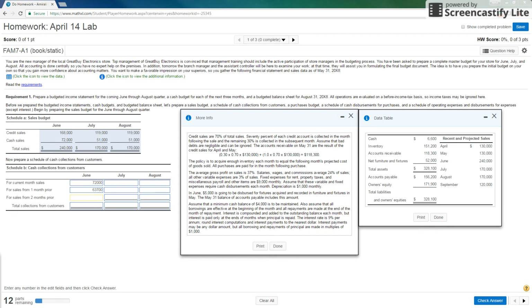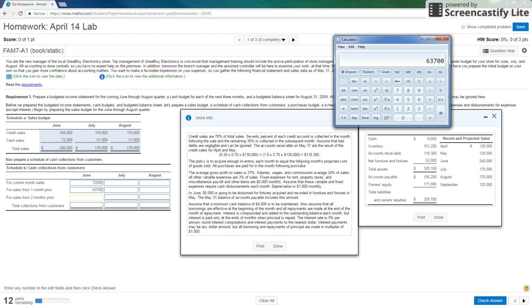Now think about it for the 2 months prior. So we are talking about April. Right now, we have the sales of $130,000 in April. 70% of it is credit account. And now we are in a second month after that credit sale.